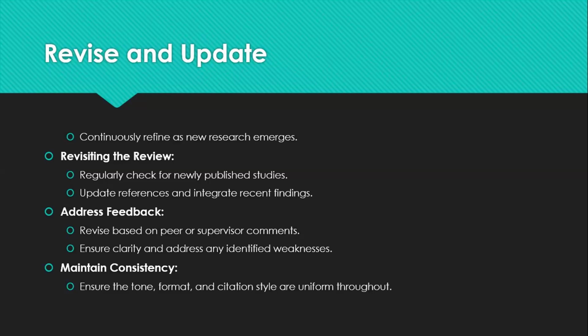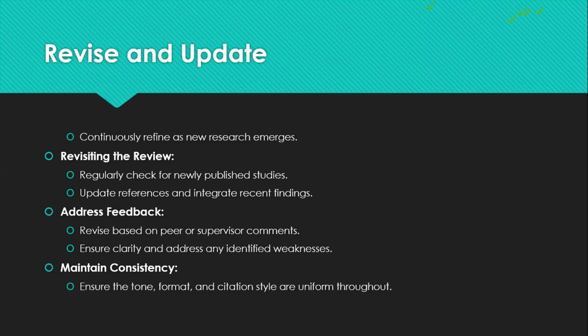Then maintaining consistency. What tone, what format, and what citation style has to be used, and all of it has to be followed uniformly throughout the study. Consistent style and formatting are essential for readability and academic rigor.